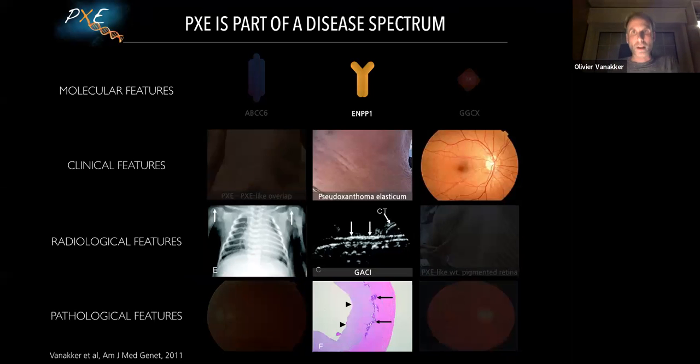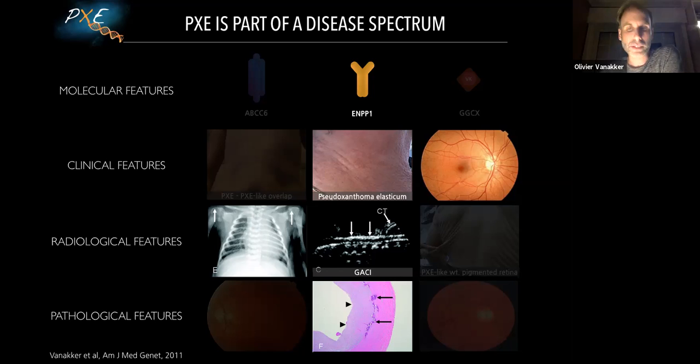And then finally, it was also seen that a third gene called ENPP1 was also involved in PXE. And this gene has been a long time known to cause a very severe calcification disorder, which is called GACI, which stands for Generalized Arterial Calcification of Infancy.